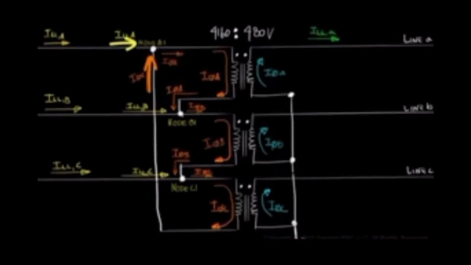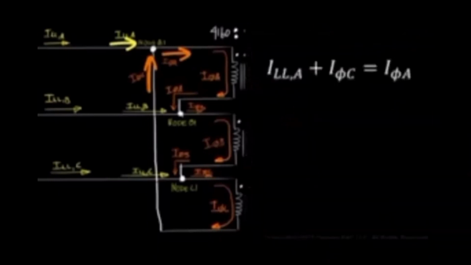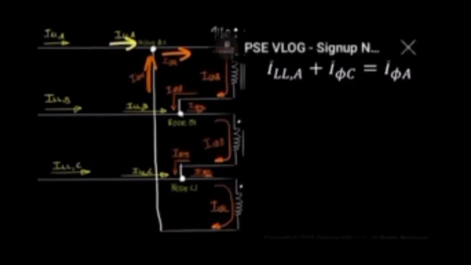Phase current C also flows into node E1. However, phase current A flows out of node E1. So when we apply KCL, or Kirchhoff's current law, we can express it as line current A plus phase current C equals phase current A.